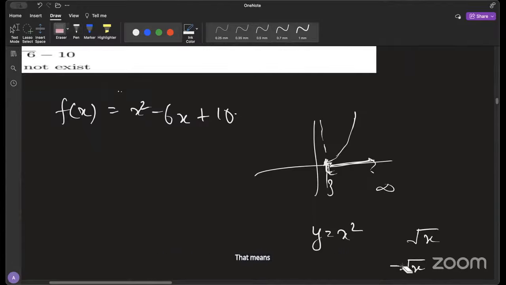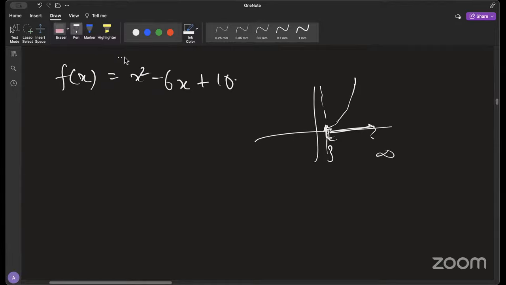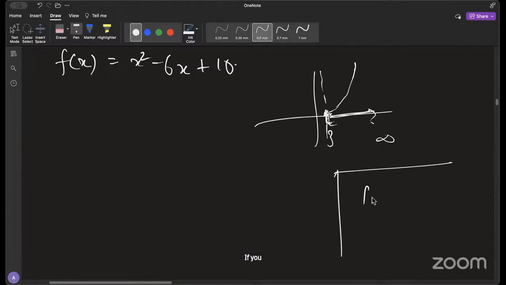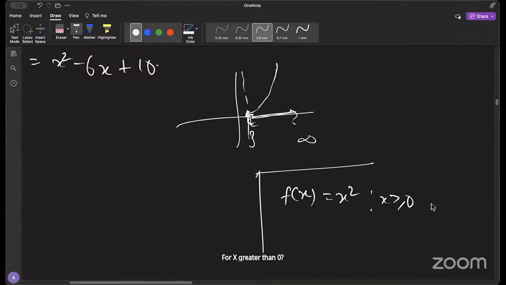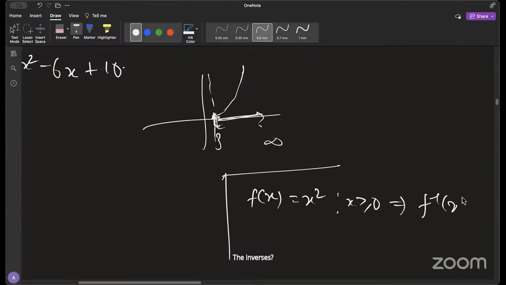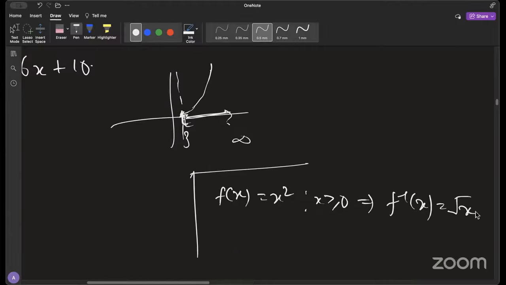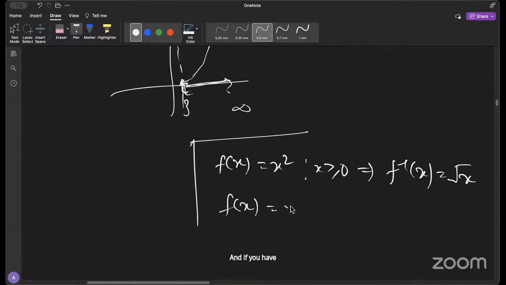That means if you have f(x) equals x squared for x greater than or equal to 0, the inverse is square root of x. And if you have f(x) equals x squared for x less than or equal to 0, the inverse is minus of square root of x.